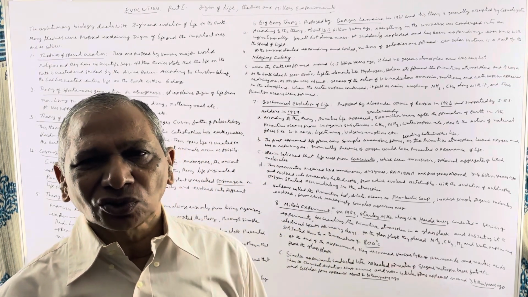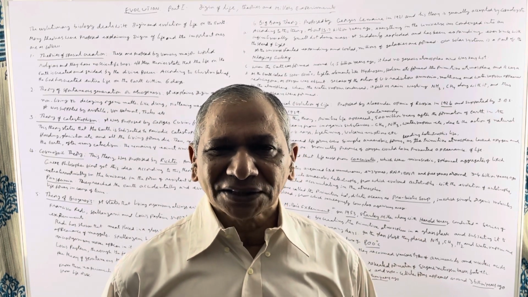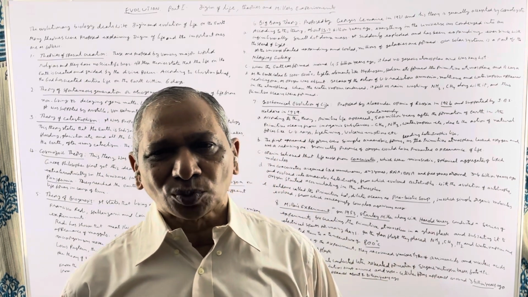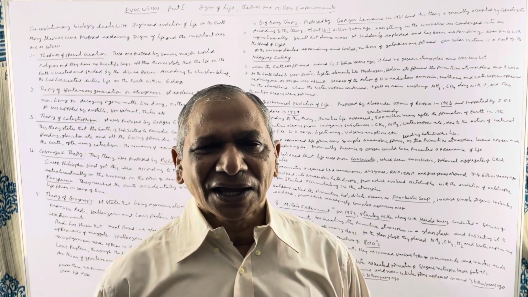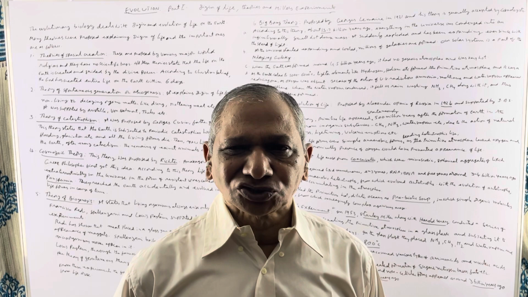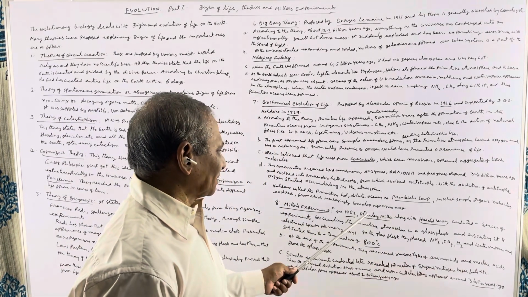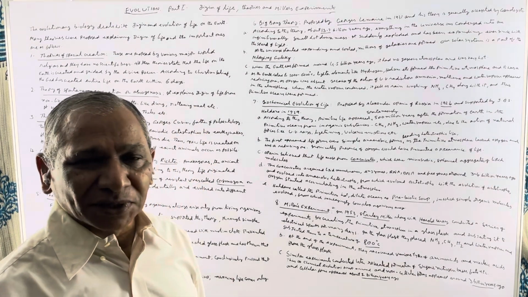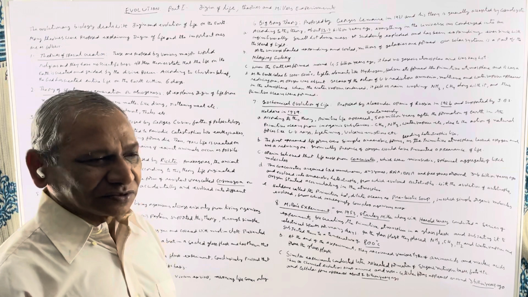So in nature also, in this way, first amino acids were formed. And these amino acids slowly produced proteins, then enzymes, RNA, DNA, and other structures that gave rise to life. So in this way, Miller's experiment provides experimental evidence in support of biochemical evolution of life.